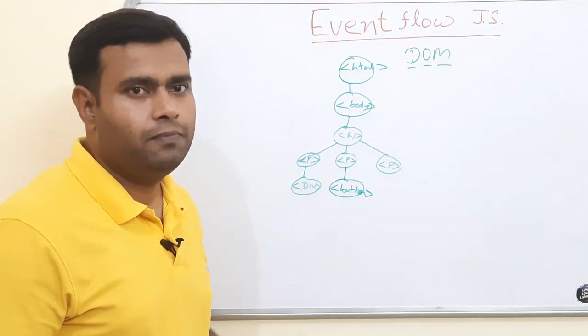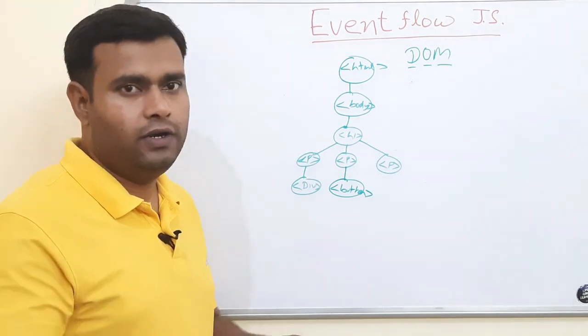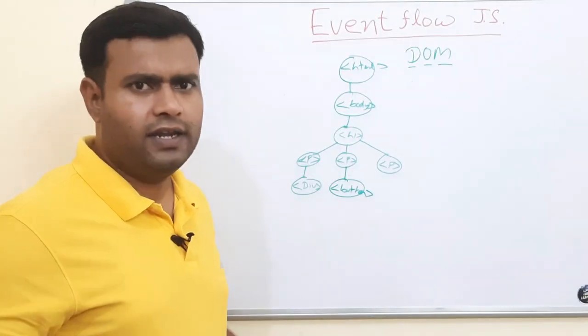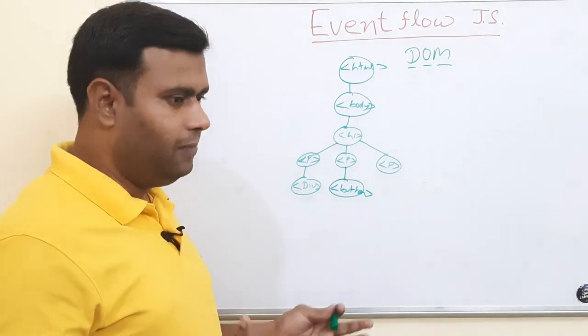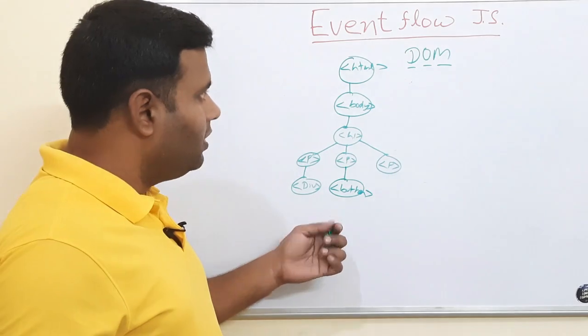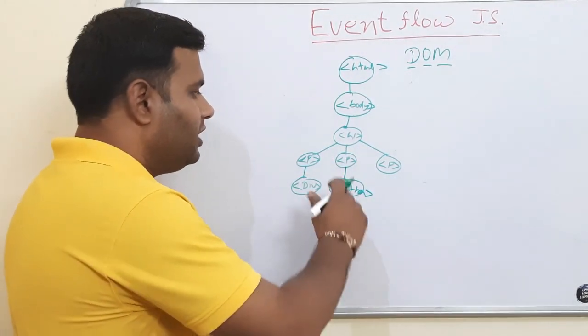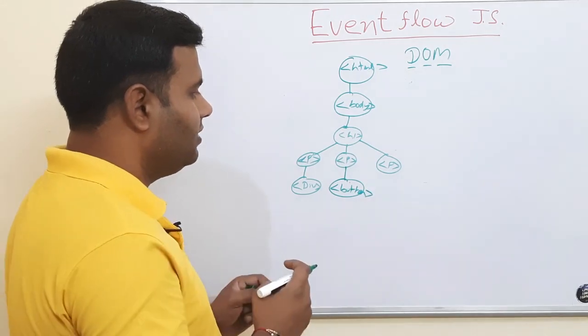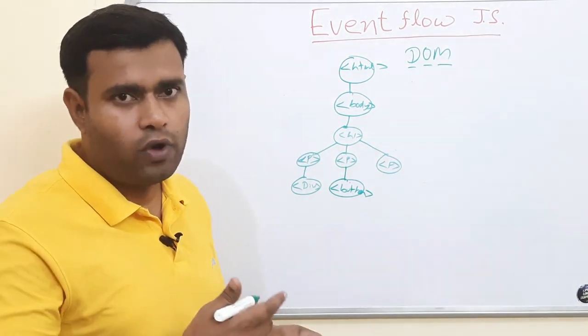Let's say it can be submitting a form, or it will open up a new modal window, anything, right? You might have interacted with the web browser a lot, and there are so many operations that happen. In this video we will talk about how the event flows when you click on something, how that particular event handler handles the events and what is going on behind the scenes.